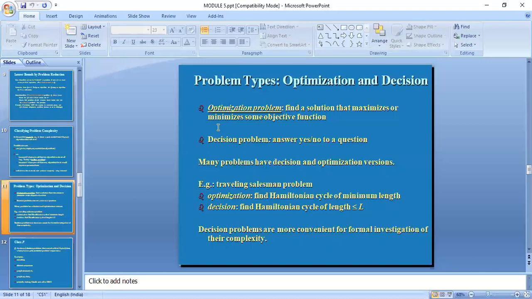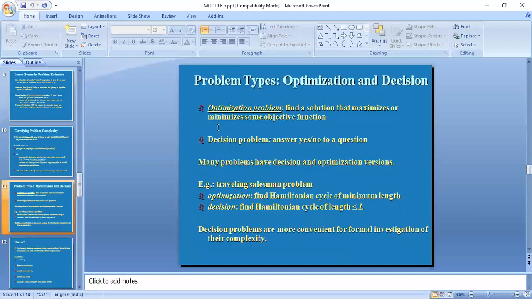Decision problems usually are yes or no questions. Previously we have seen the decision tree, where if you want to sort three elements by using insertion sort, we can use the decision tree structure or the decision problem, which gives you a value of yes or no.